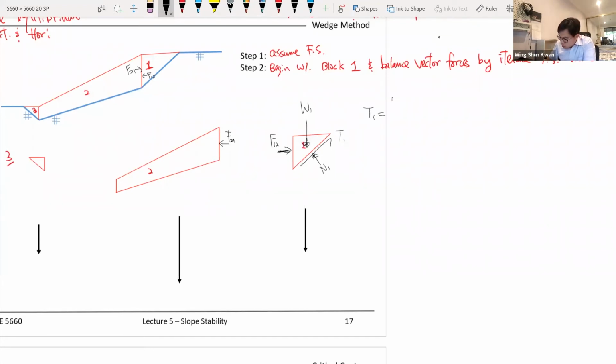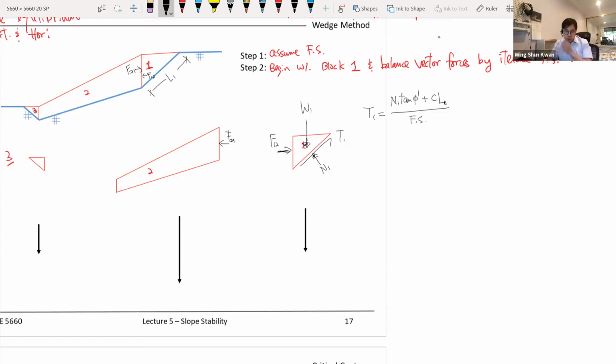This equals N1, which is the normal stress, times the friction angle, plus the cohesion, times the length. So this is the length, length 1, and then divided by the factor of safety.